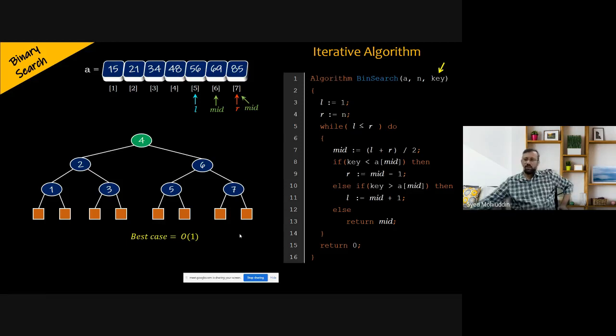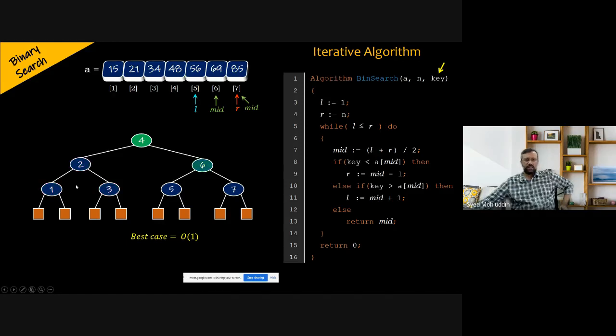Then let us compute the average and worst case. Now, what would be the worst case of finding an element? Check the mid index. If it is less, check again, then move to the next mid index, then the next mid index.